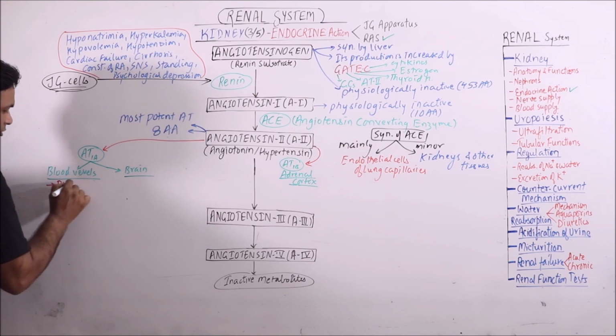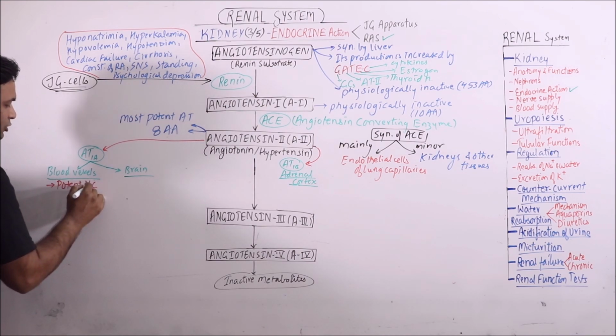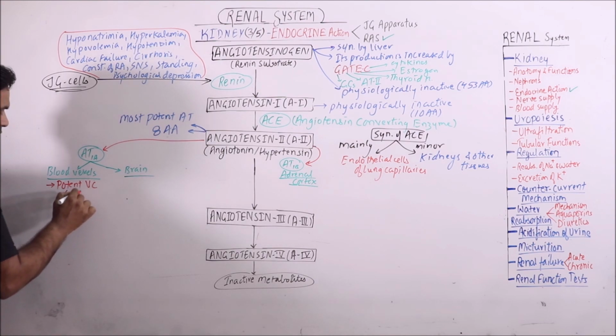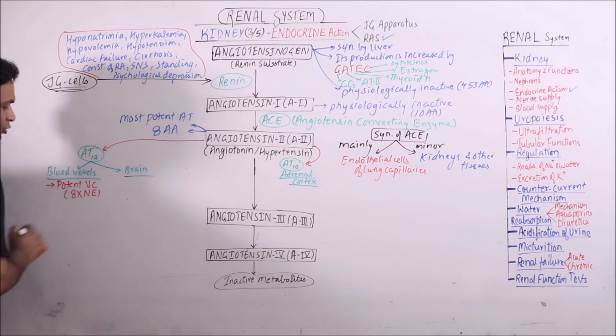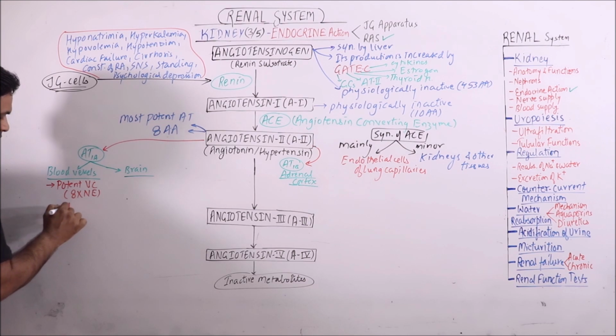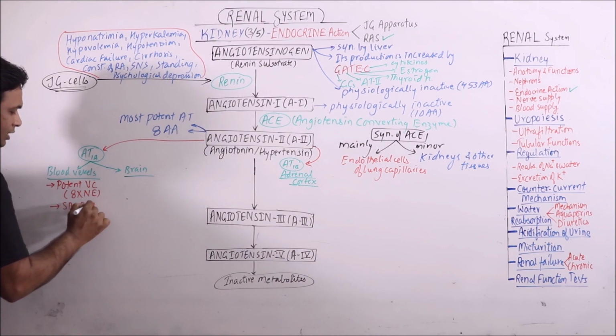It produces potent vasoconstriction, which is 8 times than that of norepinephrine. The SBP and DBP both increases.